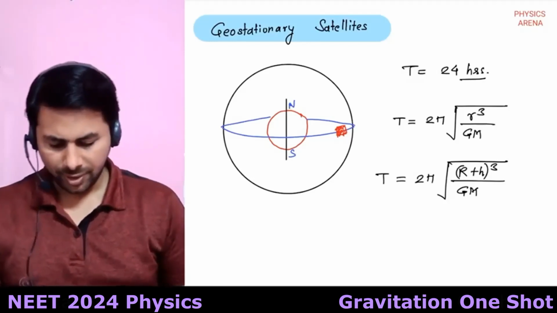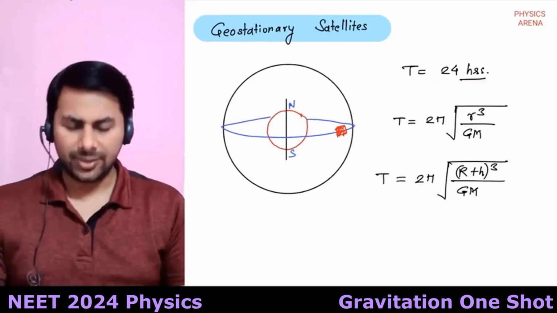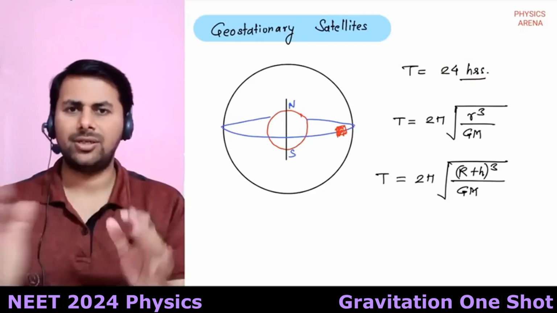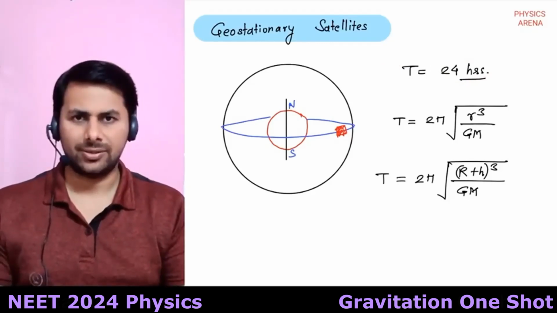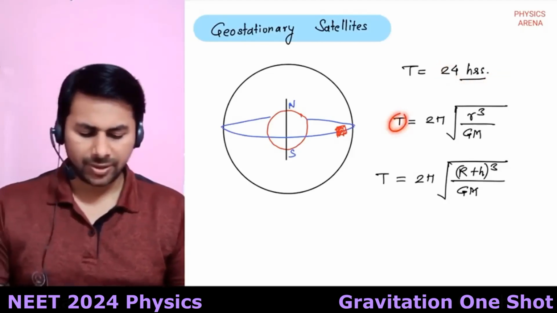So the time period of this geostationary satellite is 24 hours, because Earth completes one rotation in 24 hours. Using this time period, you can substitute it here.